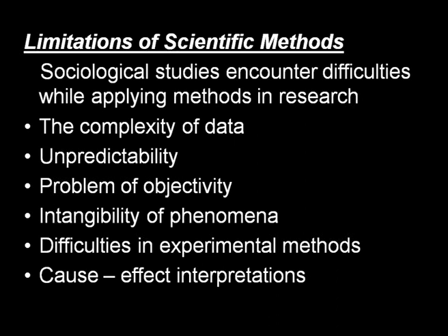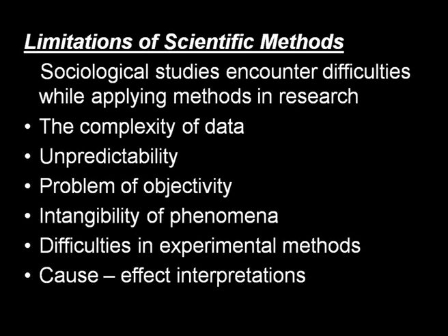So far, we have been talking about the methods, approaches and also models in sociology. Now, it is time for us to consider the limitations of these models and methods while a sociologist applies them in actual situations. Sociological studies encounter difficulties while applying methods in research.